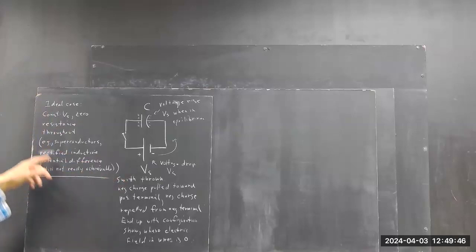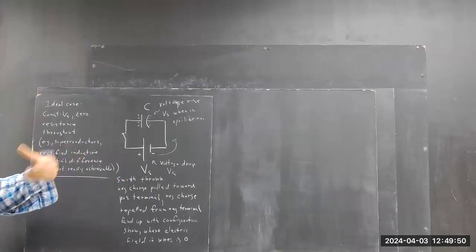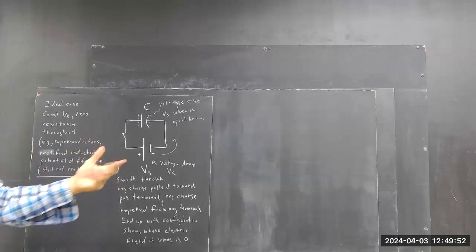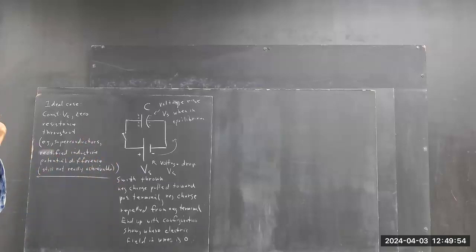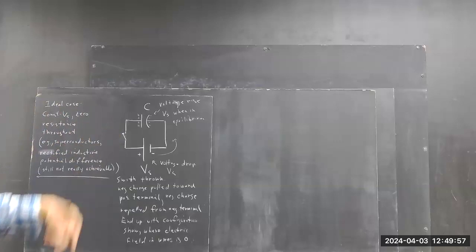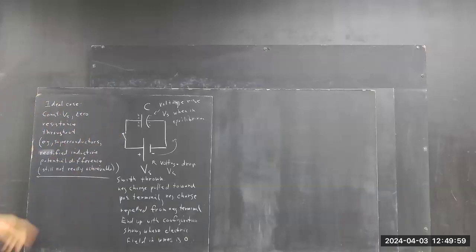You're not going to use the battery, but maybe you can use some conductive source of potential difference from an external magnetic field. But still not really achievable, because you have to rectify it, and no rectifier is going to give you a constant, smooth voltage.